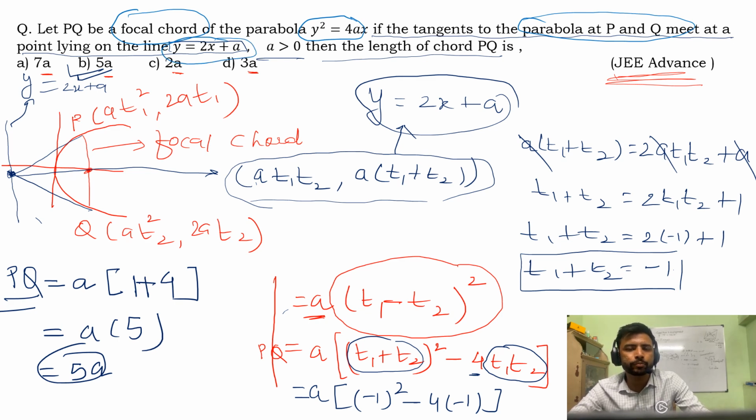With the help of these four pieces of information, we can easily find the length of the chord PQ. And one more thing, it is very important to remember that the coordinates of the point of intersection of the two tangents are a t1 into t2 comma a (t1 plus t2). This is a very important point. So this is the question.